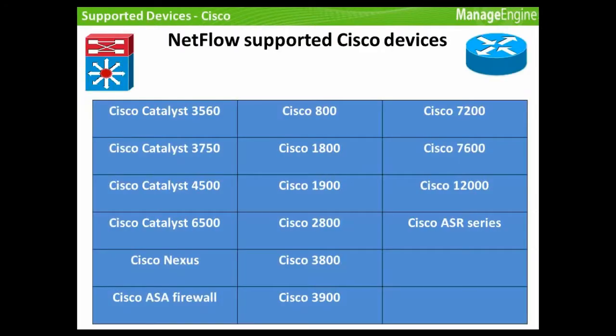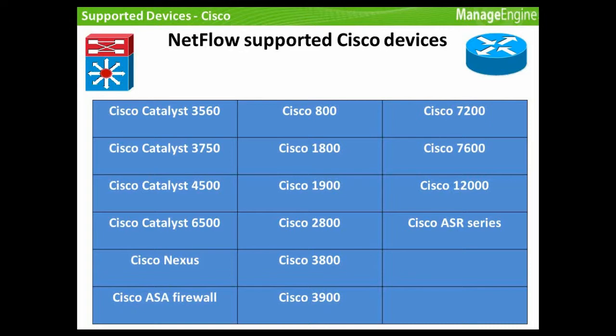So let's look at some of the flow exporting devices, supported devices from Cisco. As far as Cisco is concerned, almost every device from its basic 800 series router to the advanced 7200 or 7600 series router, 12,000 series, ASR, all these routers actually support NetFlow export. And when it comes to switches, from the new IOS releases onward, except for the Cisco Catalyst 2960, the 2900 series, everything else supports NetFlow export.